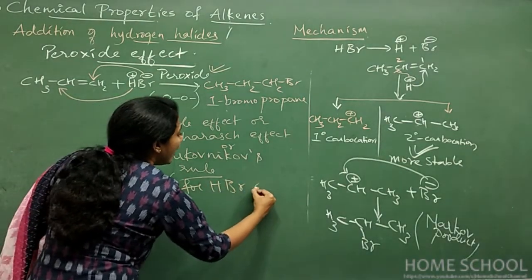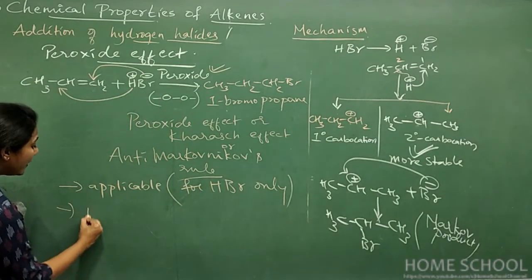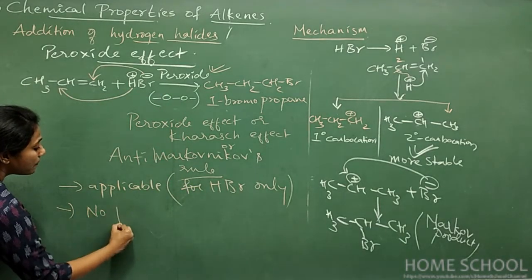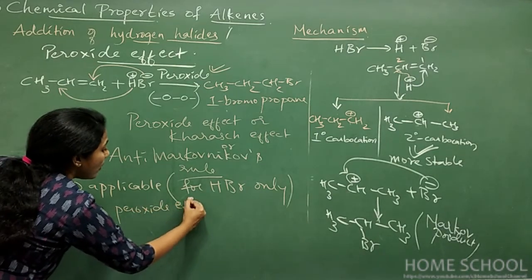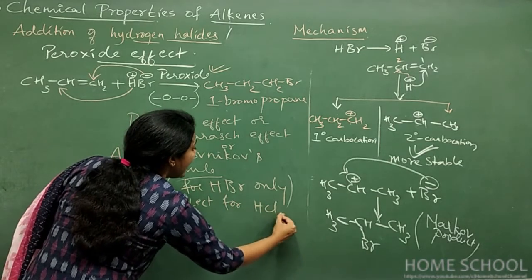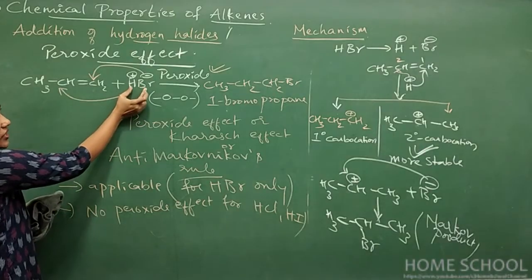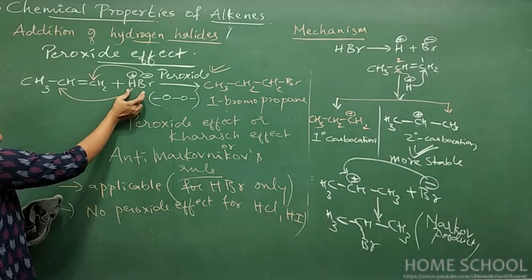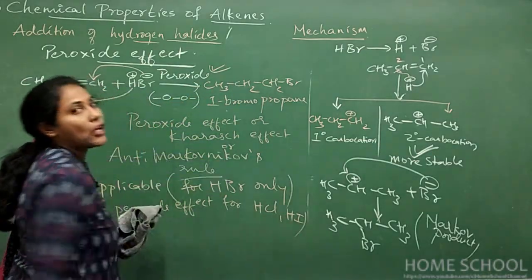This point is very important: there is no peroxide effect for HCl and HI addition. So if HCl or HI was there, even in the presence of peroxide, you will get the Markovnikov's product.